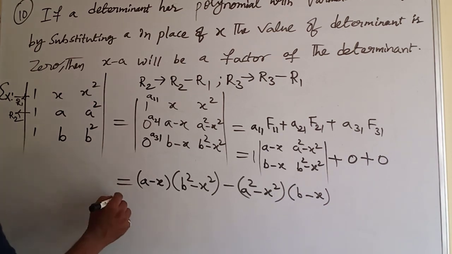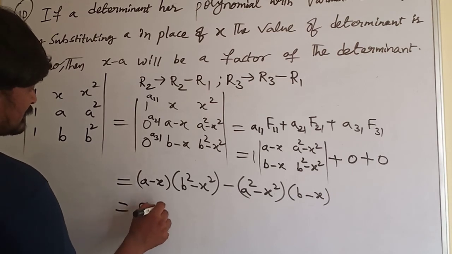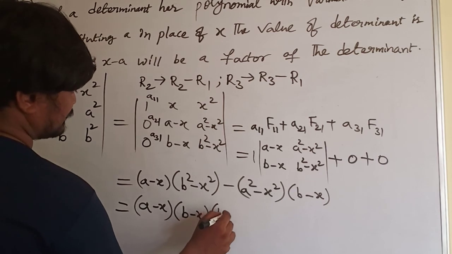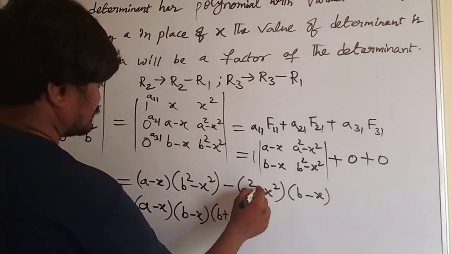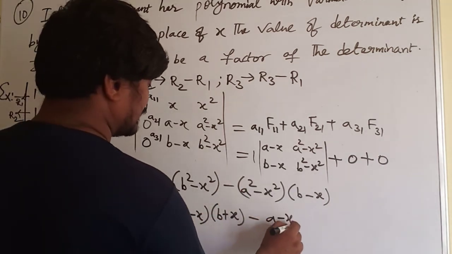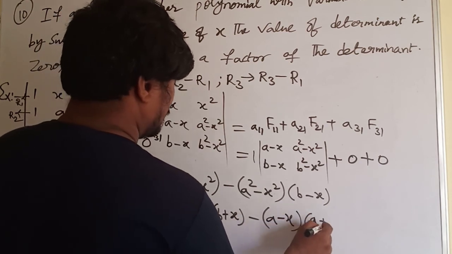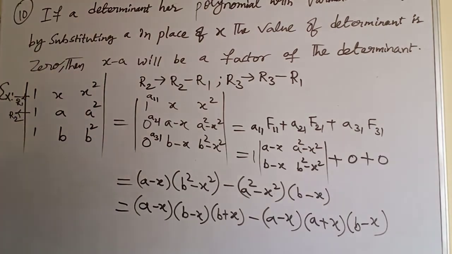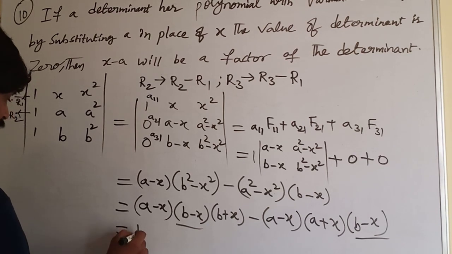So how to do this part? Still a minus x into b minus x, b plus x, minus a minus x into a plus x, b minus x. So in both, is there any common? You find here b minus x, b minus x. So common, that b minus x. What is going to happen?